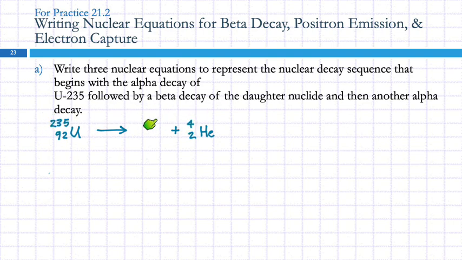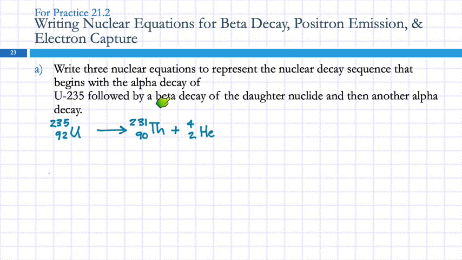This side also needs to be 235. So if I put 231 here, 231 plus 4 gives me 235. The math here is really nice and simple. Here I need 92. I have 2, so this one must be 90. And then I find 90 on the periodic table, and that is thorium. So this is the first one.